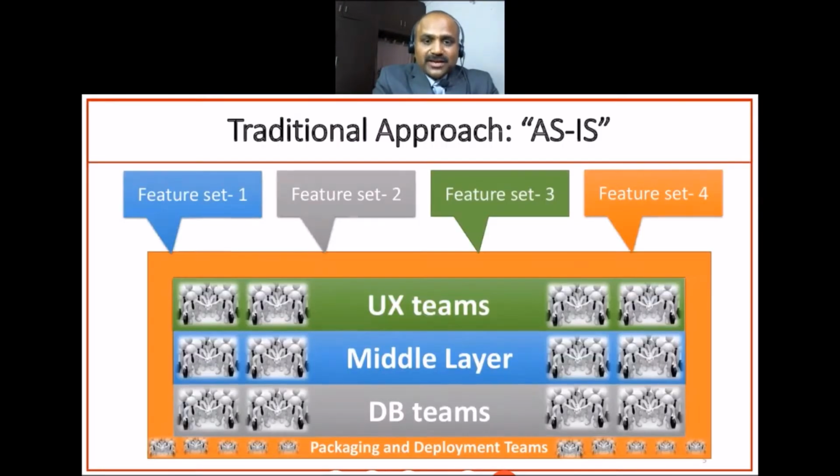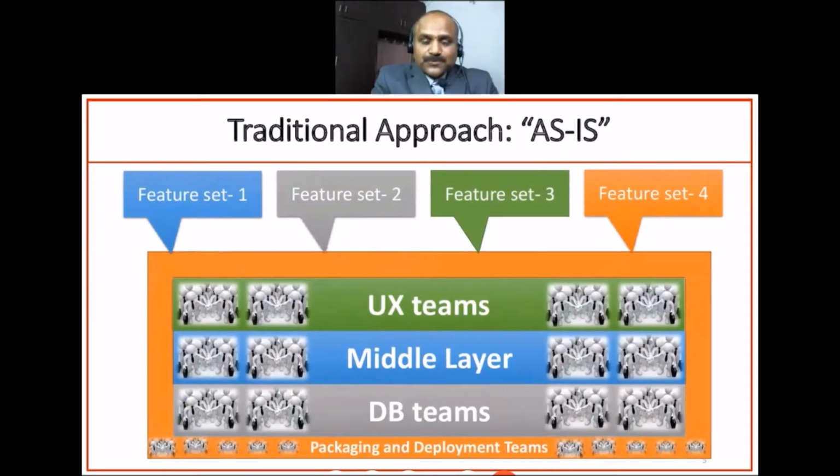If you look at how we develop these features in a traditional way, as-is organizations are generally structured across components. For example, in any application development, they are structured horizontally: UX teams take care of the user design aspects. Similarly, there is another layer called the middle layer. They take care of application development. The DB teams, that is the database teams, take care of the database.